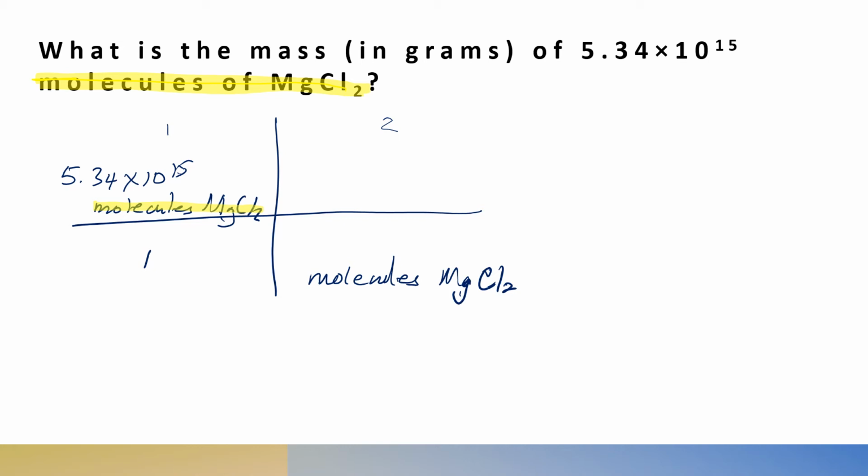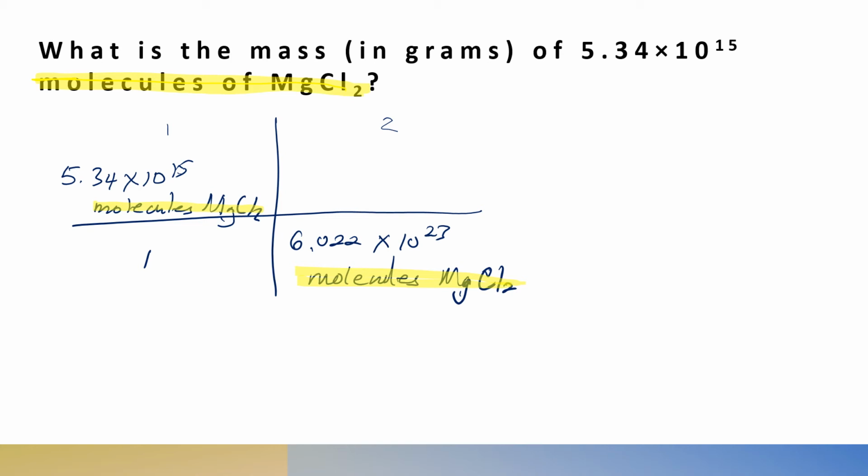So if it's molecules, automatically I have to think Avogadro's number. You can go to 1 mole on top and then do it again for the molar mass, or you can just do it in one step. So what is the mass in grams?